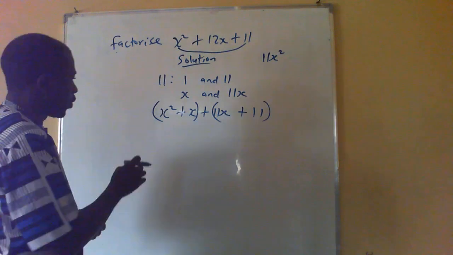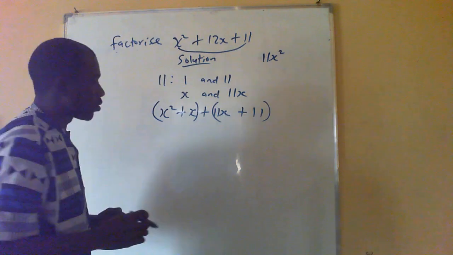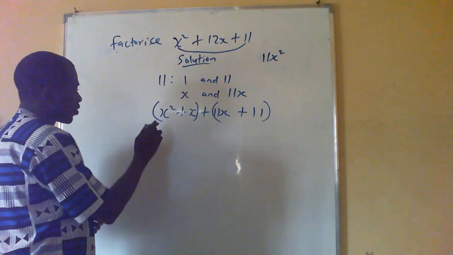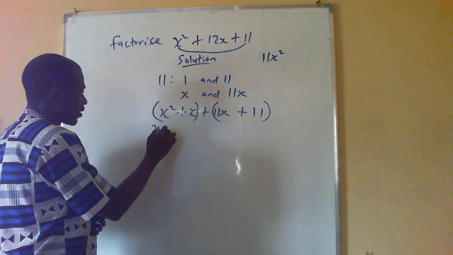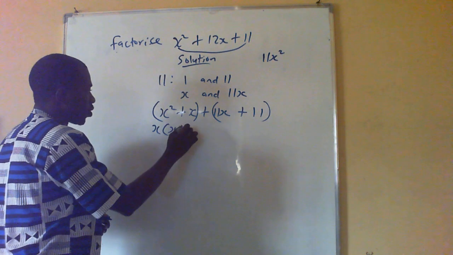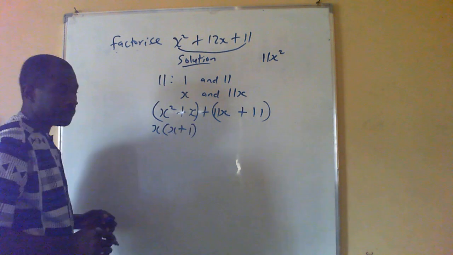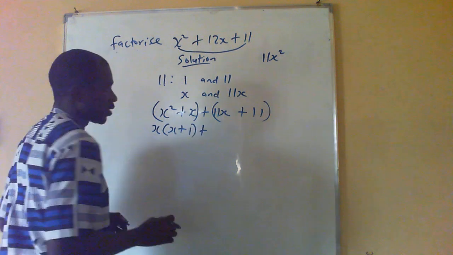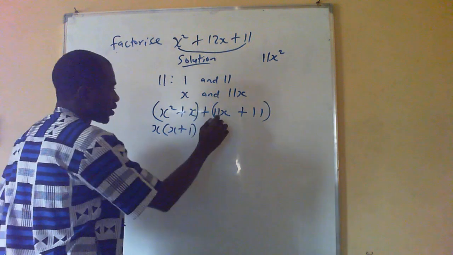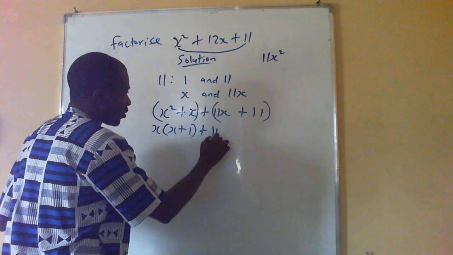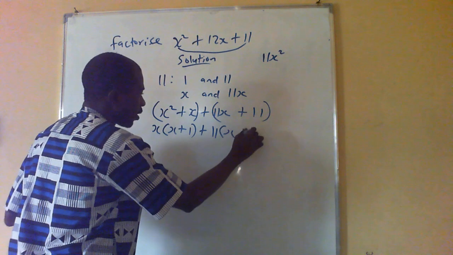So we'll now find the common factor. The common factor there is x, open bracket, x plus 1. Plus, the common factor there is 11. So you write 11, open bracket, x plus 1.